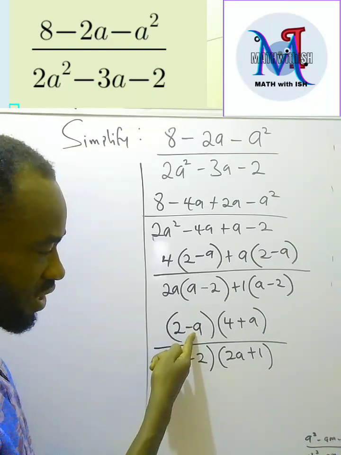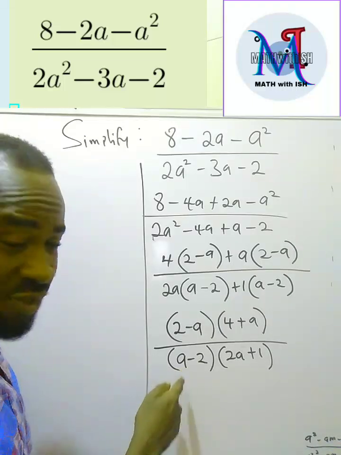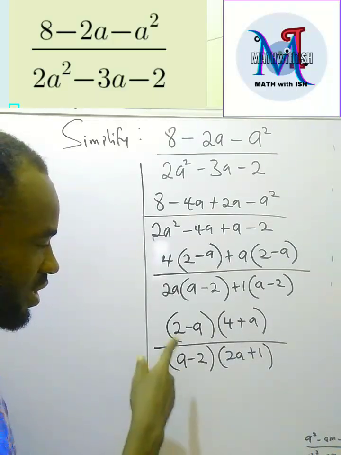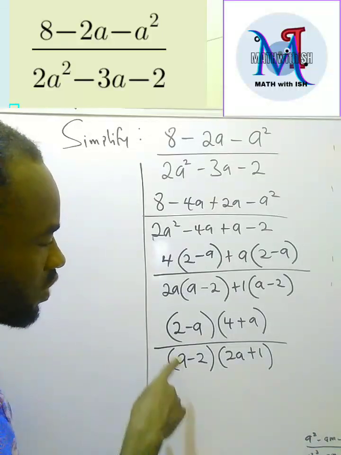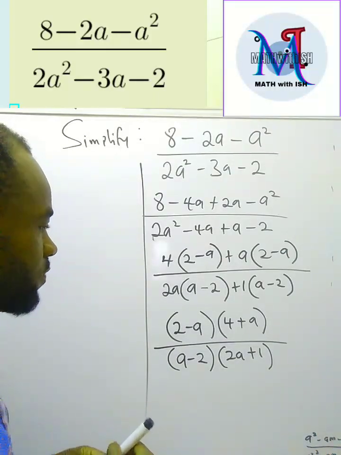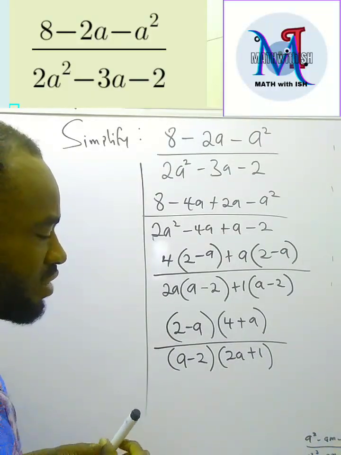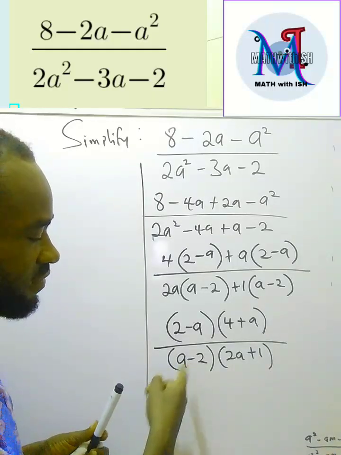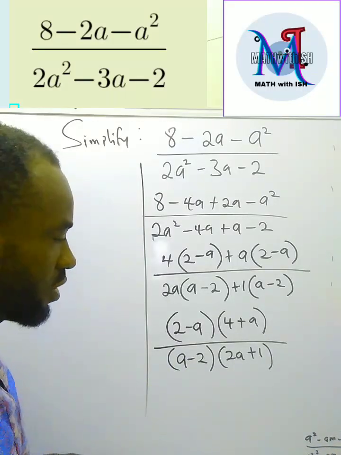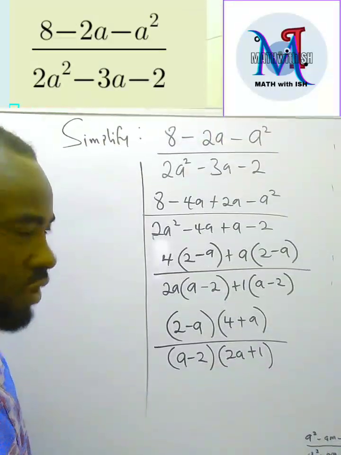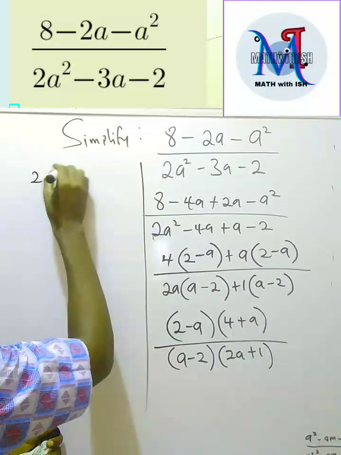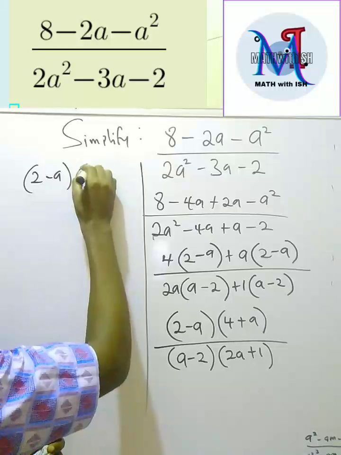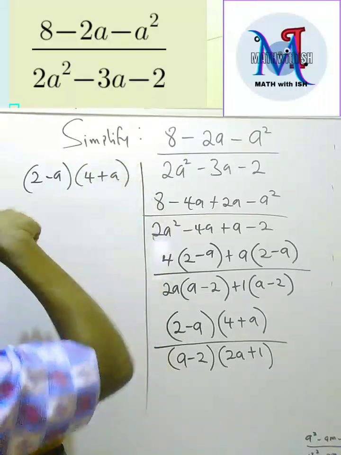While this is minus a, this is plus a. So they are kind of inversely related. All we have to do at this moment is to introduce a minus sign that will reverse one of them. So what I'm going to do next is write this as 2 minus a into 4 plus a.